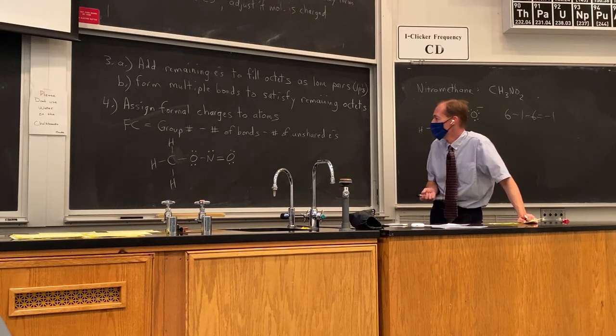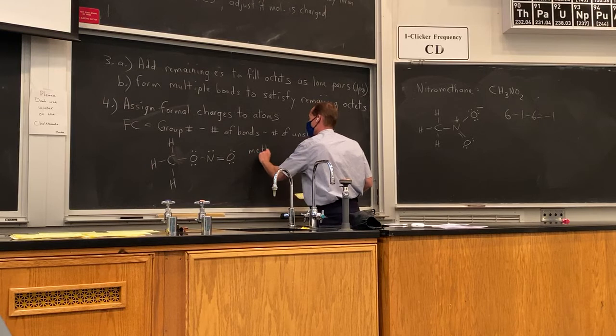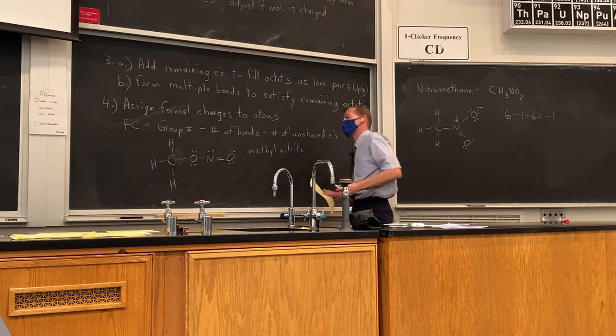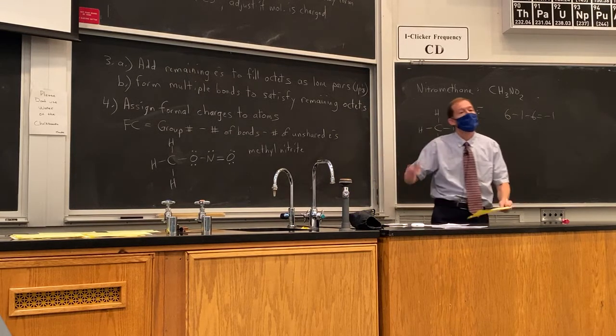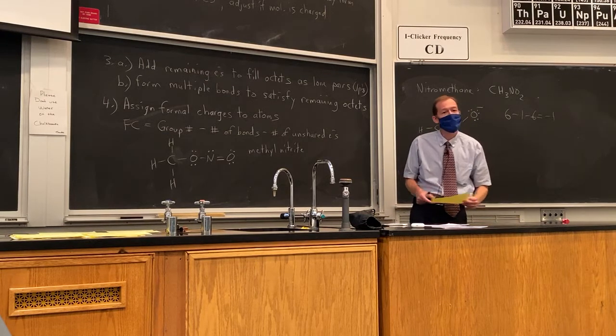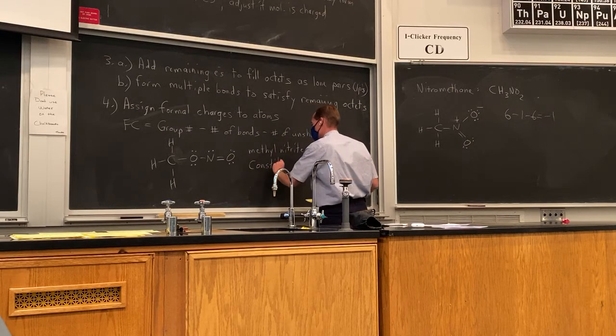Okay. So this molecule is called methyl nitrite. It is not the same as nitromethane. It has the same molecular formula, but because the atoms are connected together in a different way, it is an isomer. It is a specific type of isomer known as a constitutional isomer.